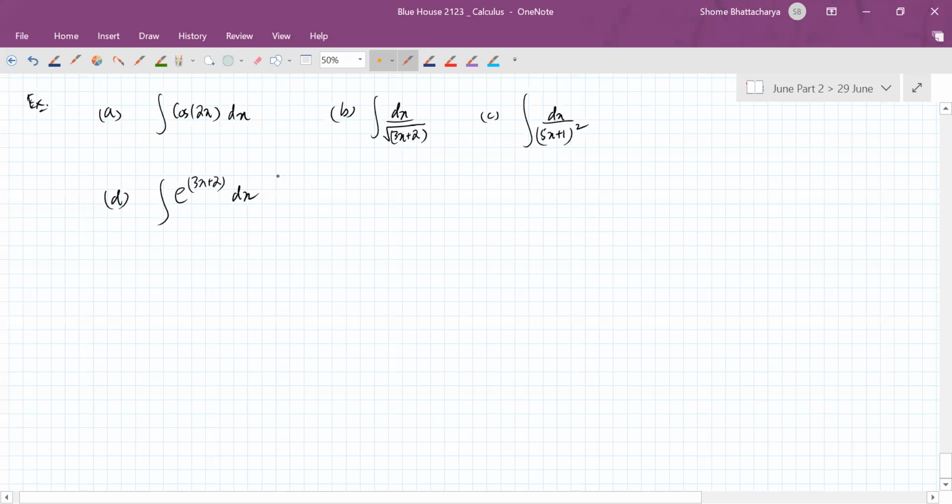They're quite easy, as you can see. They're more or less application of the same formula.